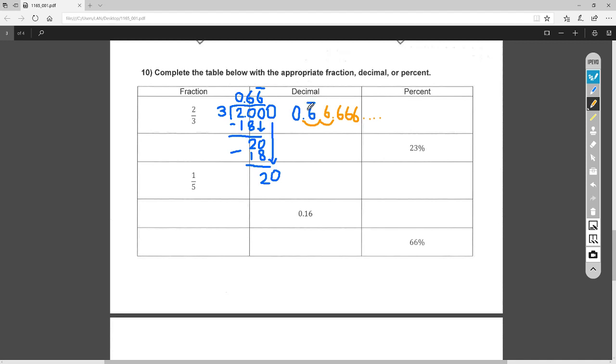So 0.6 repeating as a percent would be 66.6, and then you could just say it's repeating percent. Okay, so that's the first one.